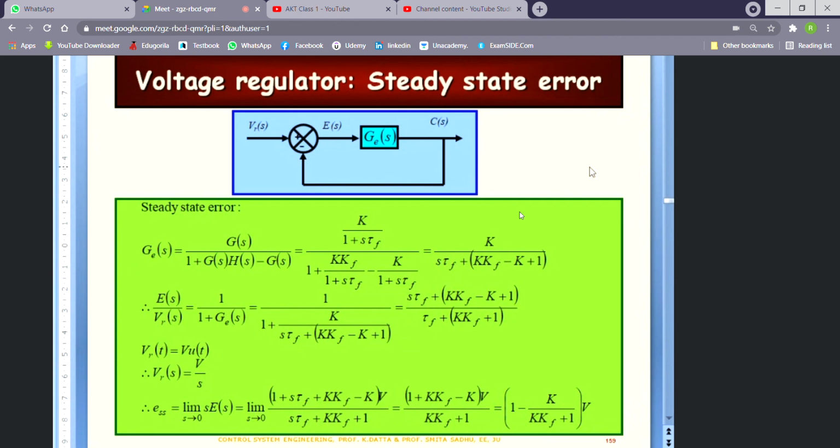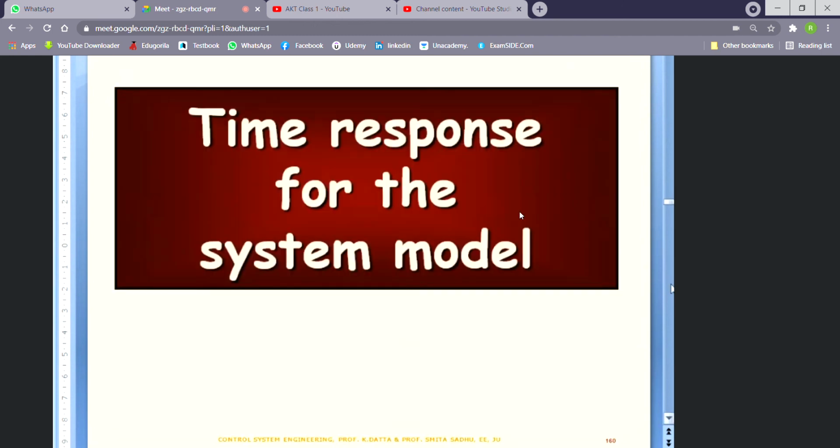In the first few slides, we have seen that. Here again, we analyzed the steady state error and see that it is not equal to 0, which would have been of concern otherwise, because a 0 steady state error would mean that the output would be following the input, but that is not the case. So this is the voltage regulator system.